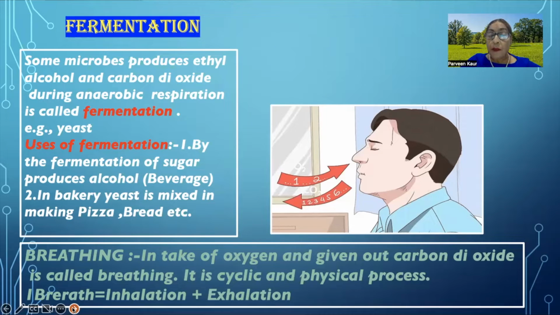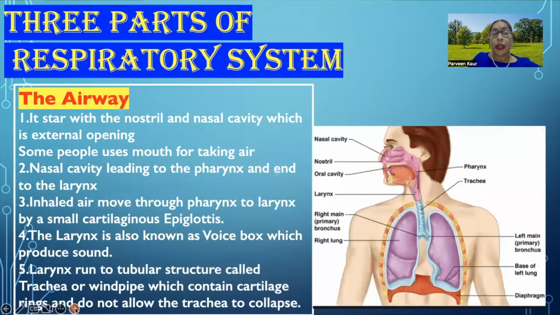In bakery, yeast is mixed in making pizza, bread, etc. Now, the breathing cycle is completed in two processes: inhalation and exhalation. Intake of oxygen is inhalation; giving out of carbon dioxide is exhalation.